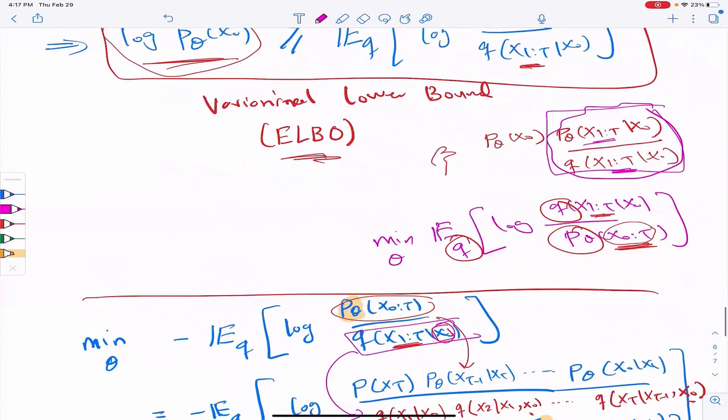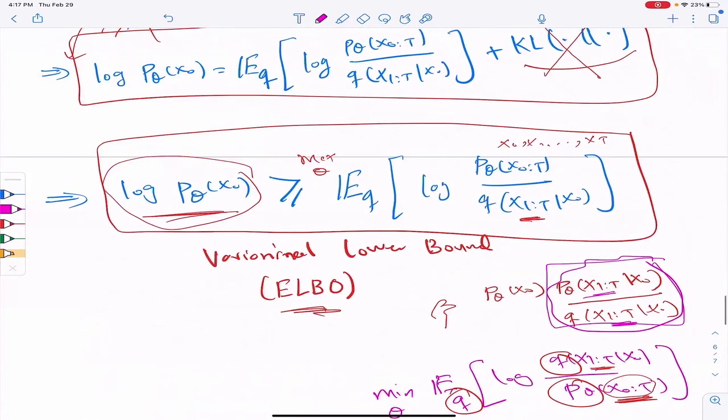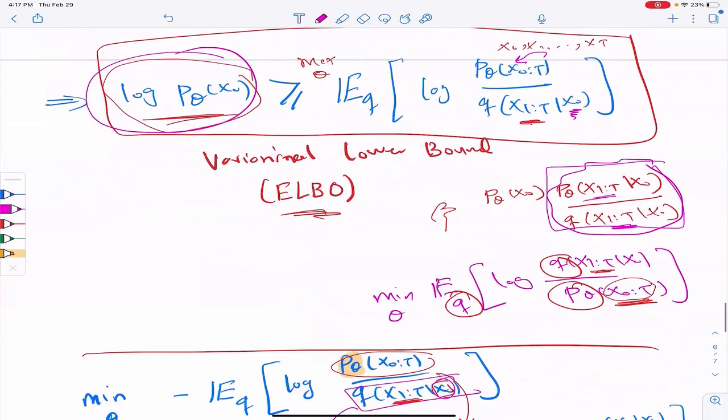That's essential because we got x0 into the argument of P theta, and we took it out in order to have a lower bound for the log likelihood for x0 using P theta. So this conditioning is really essential. You cannot ignore it because the whole thing is really depending on that. Okay.